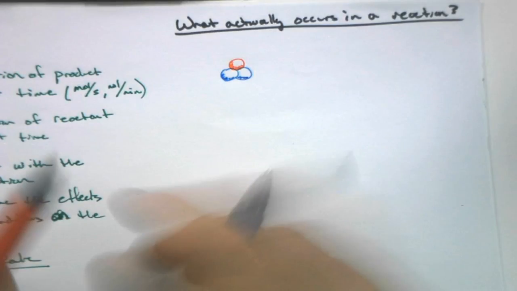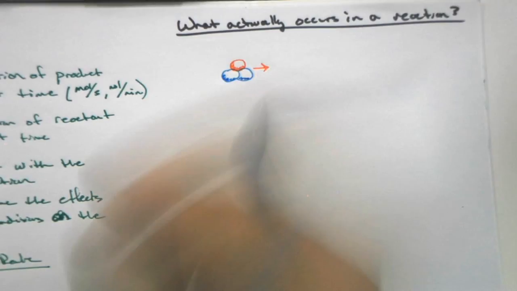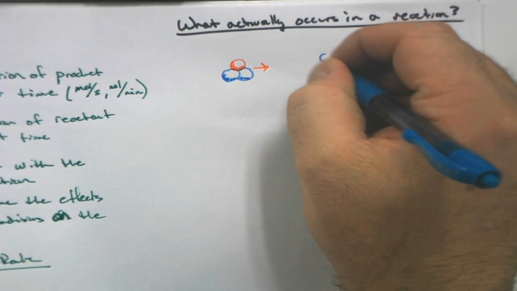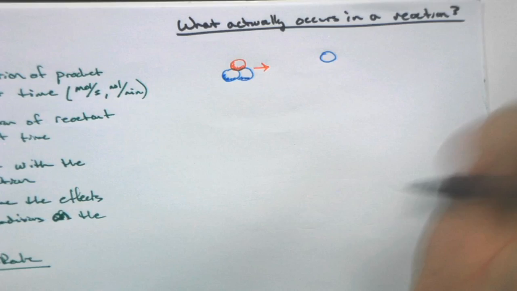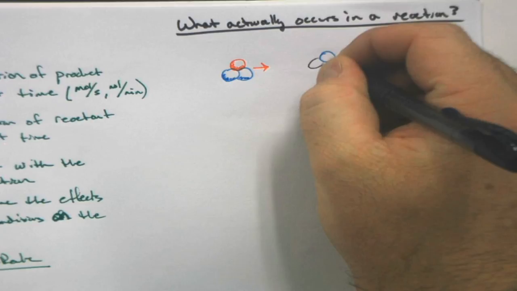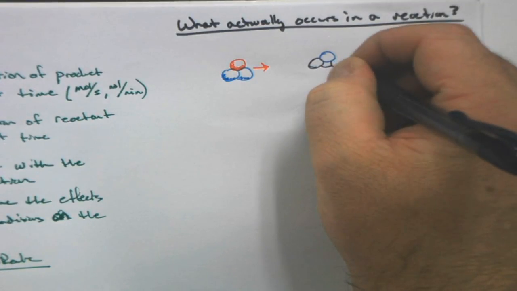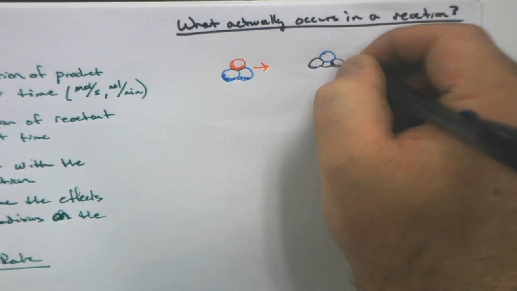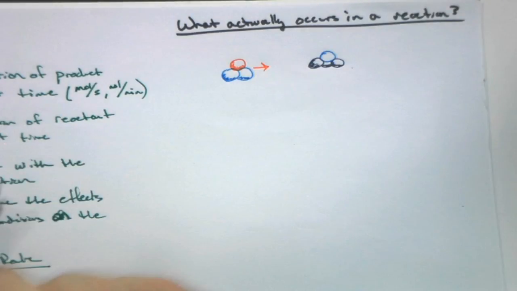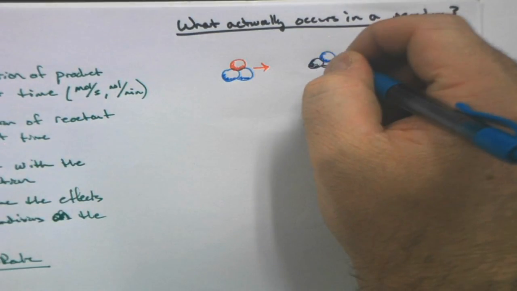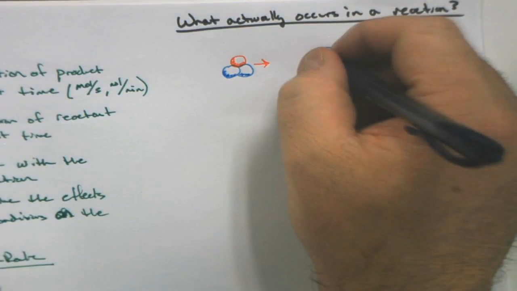This one is moving that way, and then we get a different one moving this way.